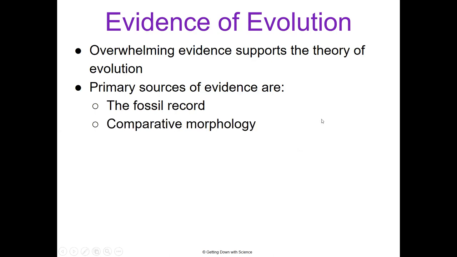Comparative morphology, so we can look at living organisms and see what's similar about them, what's different about them. Biogeography, where they live and where they may have come in contact. We look a lot at plate tectonics and how the plates have moved, in terms of why we find certain organisms in certain areas.